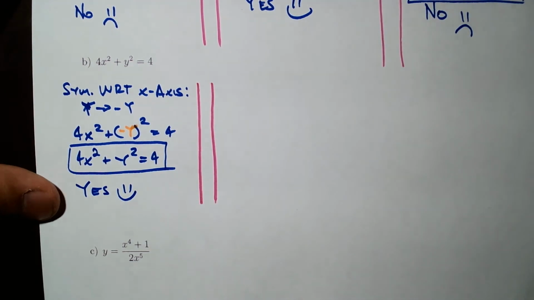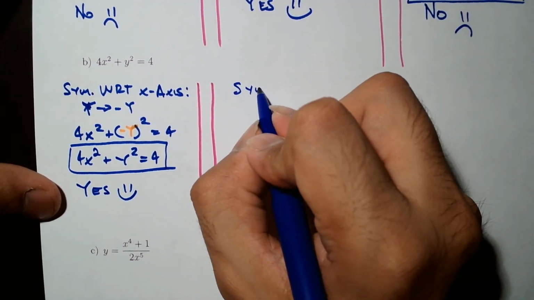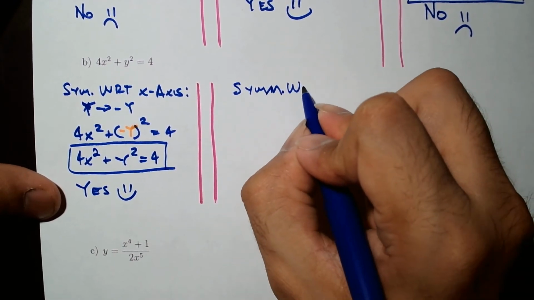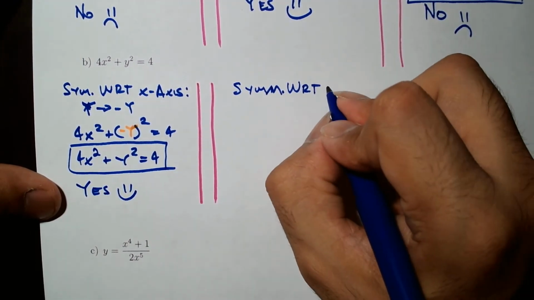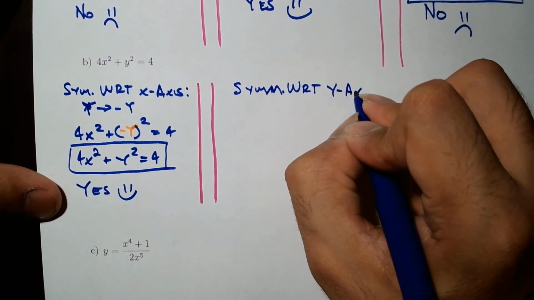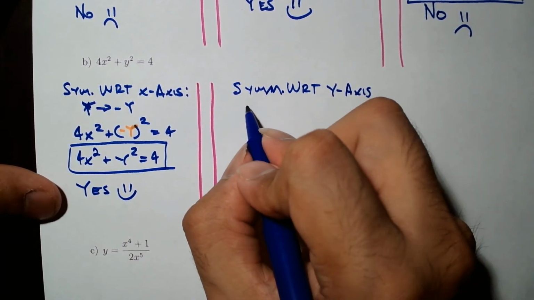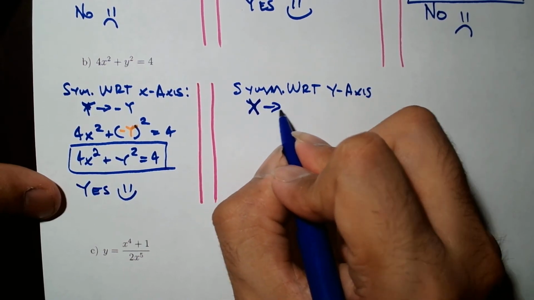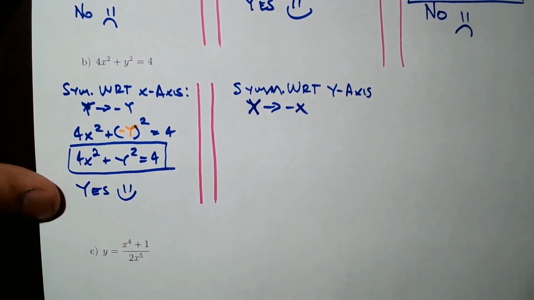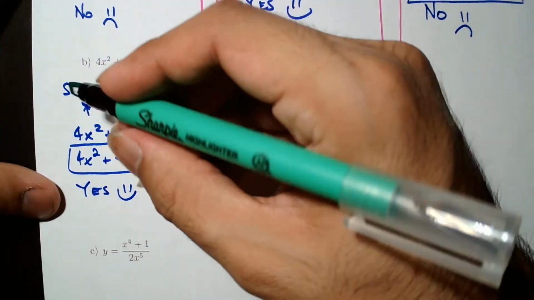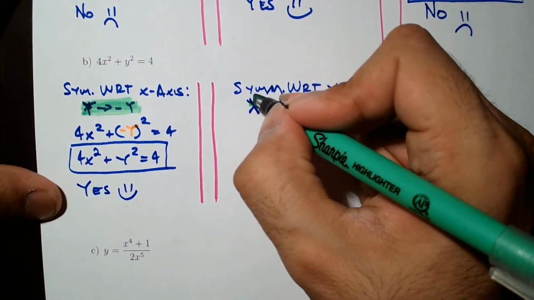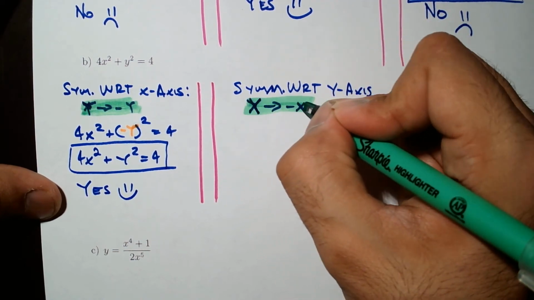Let's do another one. Symmetry with respect to the y-axis. For this we replace x with negative x. How about we highlight this? That's the important operation here, to replace the x with negative x.